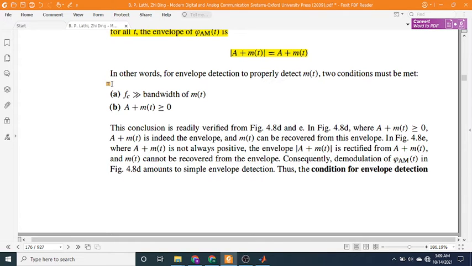In other words, for envelope detection to properly detect m(t), two conditions must be met: (a) ω_c >> bandwidth of m(t), and (b) A + m(t) ≥ 0. This conclusion is readily verified from Fig. 4.8d and e.